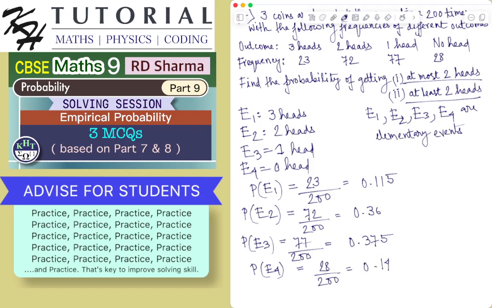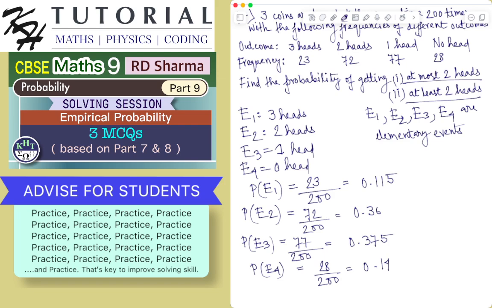Now if you add all these probabilities, 0.115, 0.36, 0.375 and 0.14, they should all add up to 1. I will quickly check if that is correct or not. 0.36 plus 0.375 plus 0.14. Oh, it is coming out to be 0.99. Why is it so?